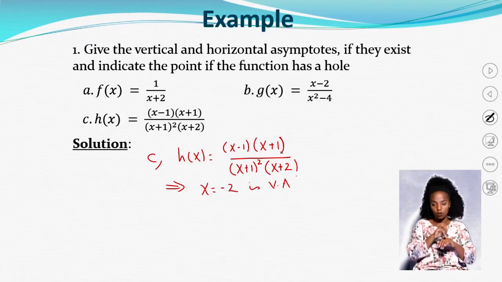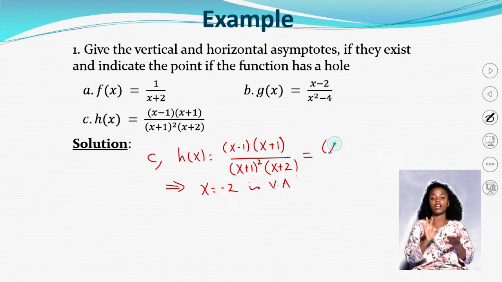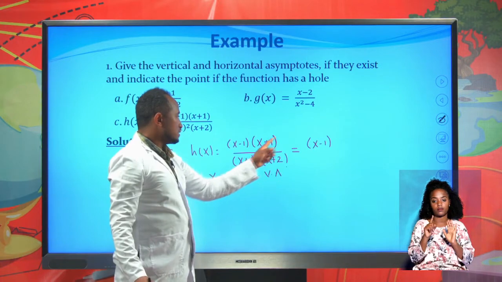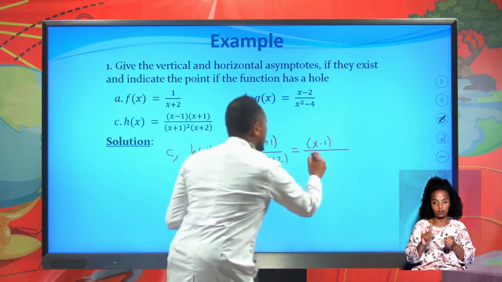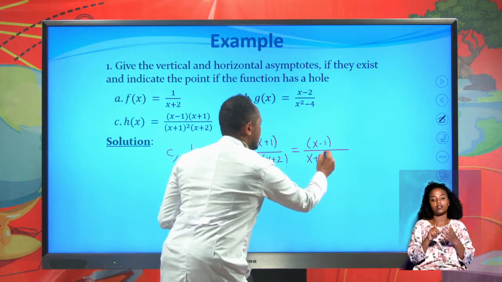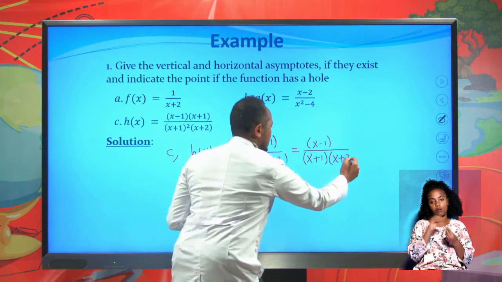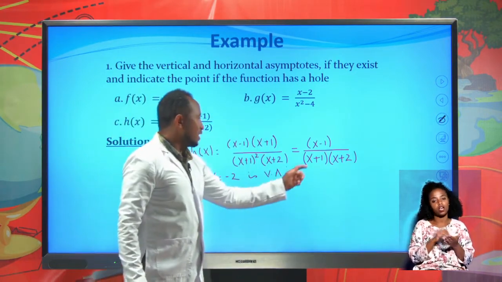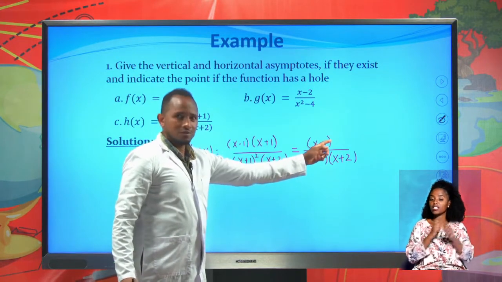Simplifying, the x minus 1 cancels one of the x plus 1, so you have x plus 1 times x plus 2 squared. Again, minus 1 makes the denominator 0 but not the numerator.